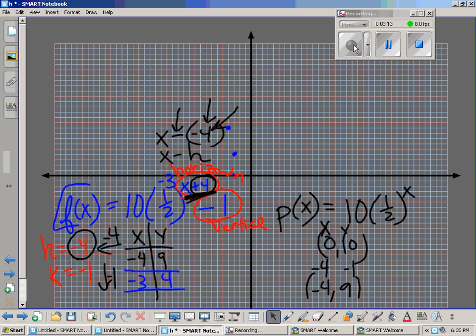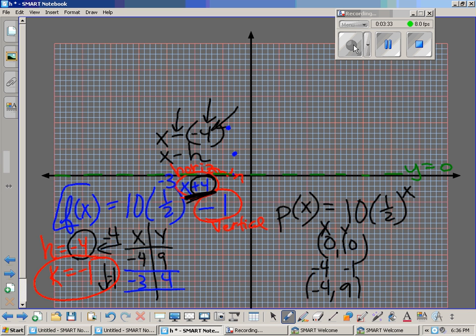The next thing I'm going to do is put in the asymptote. That's at y equals 0 for the original function. Now I need to think about how it was shifted. The asymptote was shifted down 1.